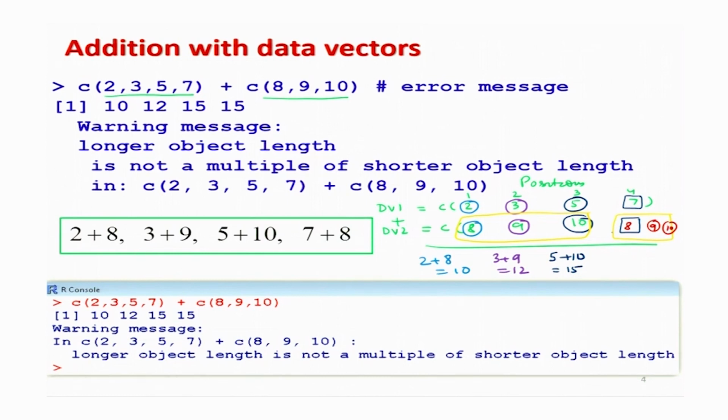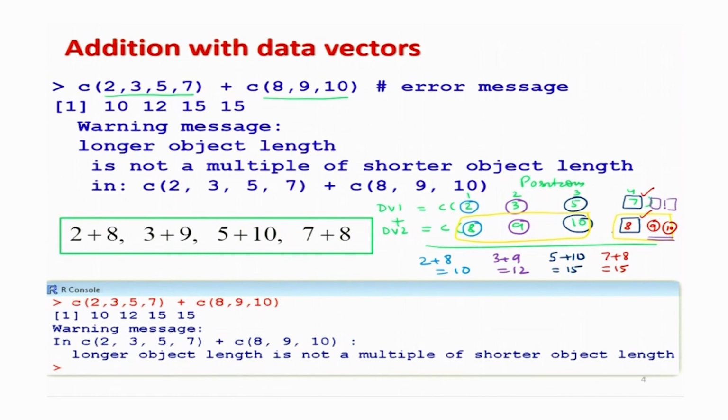Now R will start the operation and add 7 and 8, which will give you the answer 15. After this, R once again becomes confused. Why? Because now there are 2 values in data vector 2 and there is no value in data vector 1.